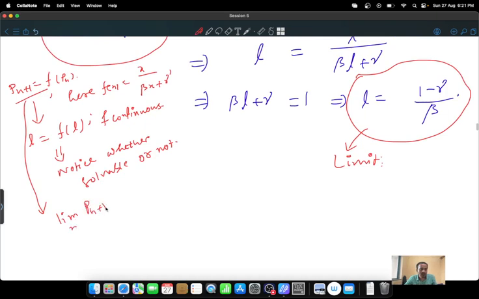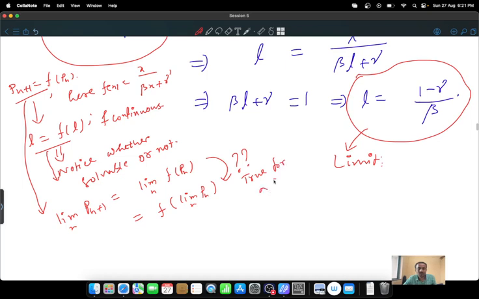That is equal to the limit of f of Pn, but what I have written here, for that I need to push this limit inside, I mean that it is f of the limit, f of L. That is the thing I have used here. But why is that possible? That is true for a continuous function. That is why you need continuity.